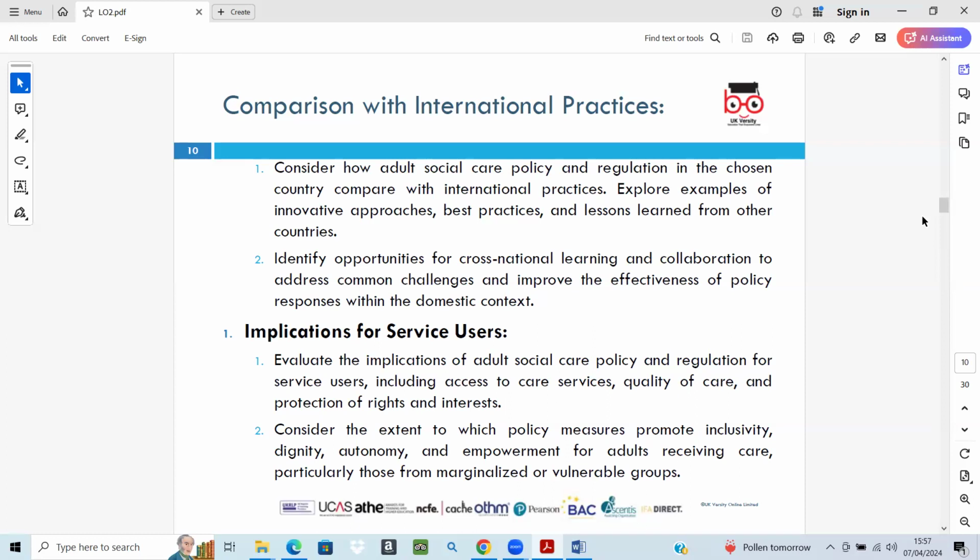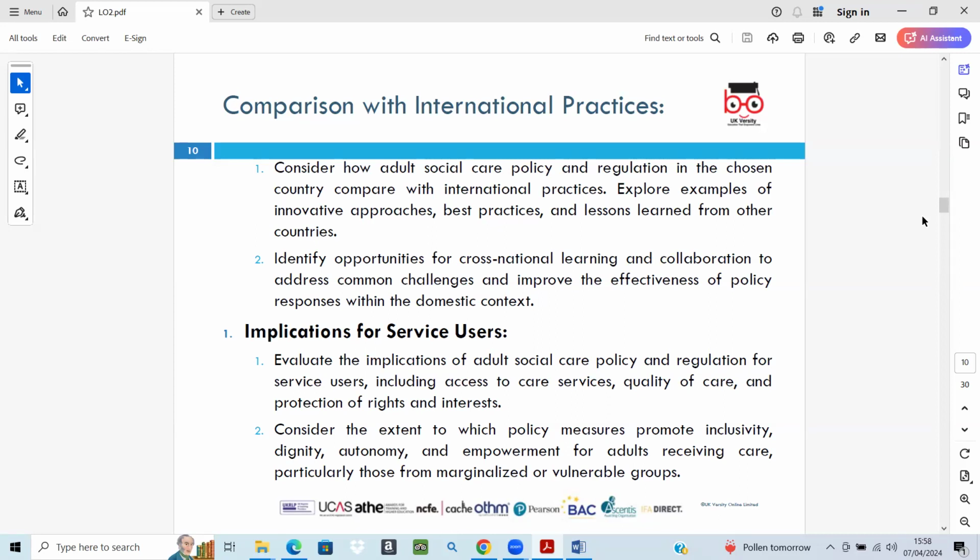For example, if we talk about some of the laws like the Human Rights Act 1998, that is an international law, and all of us practice the Human Rights Act 1998 as well. It's an international law, but we always follow it in the United Kingdom, and other countries also follow the Human Rights Act 1998. The Human Rights Act will remain the same for everyone, no matter which country we are living in.